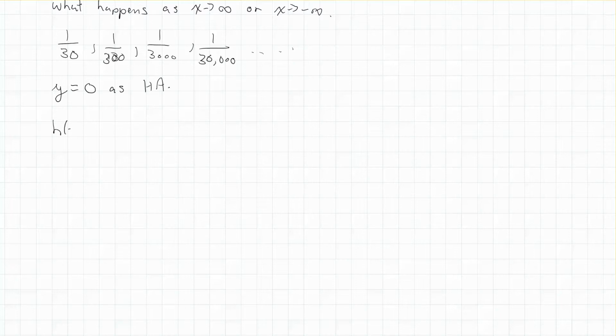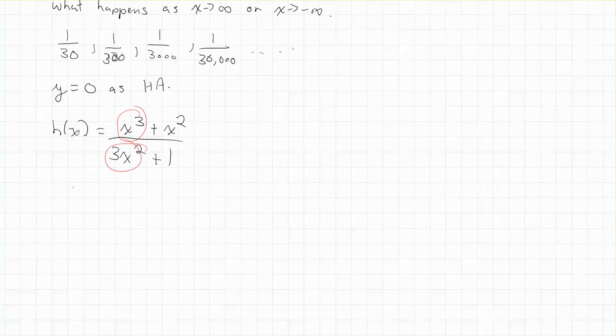Let's look at h of x equals x cubed plus x squared over 3x squared plus 1. So again, looking at my lead terms here, I have x cubed and then 3x squared.